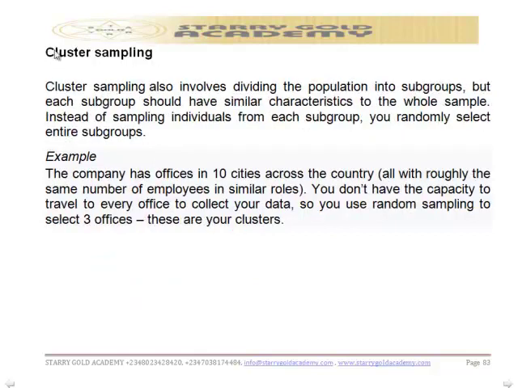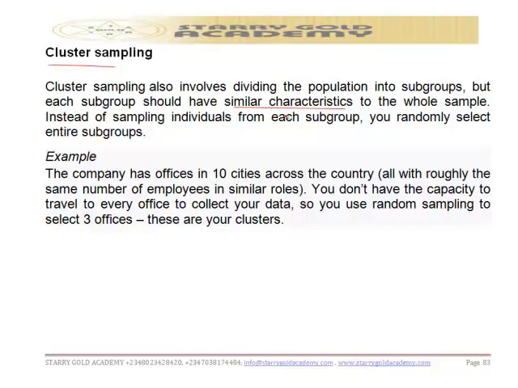The next one is cluster sampling. Cluster sampling also involves dividing the population into subgroups, but each subgroup will have similar characteristics to the whole sample. Instead of sampling individuals from each subgroup, you randomly select entire subgroups.